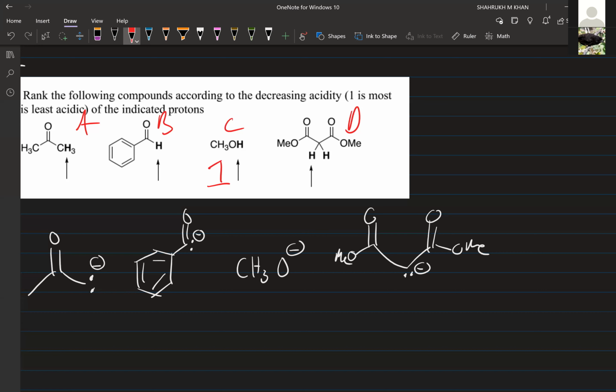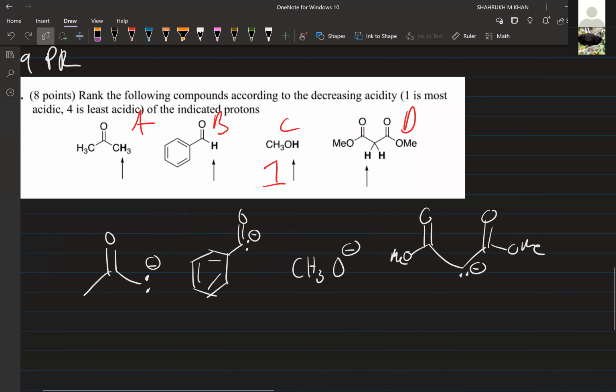So let's keep going. We could also mark 4 as the aldehyde protons. We know aldehyde protons are not acidic. The reason being, if we look at this structure, this is a carbon that we know wants to be essentially electrophilic, and now it has a direct negative charge on it. So the likelihood of this aldehyde ever getting deprotonated is very little because you're going to create an extremely unstable species right here.